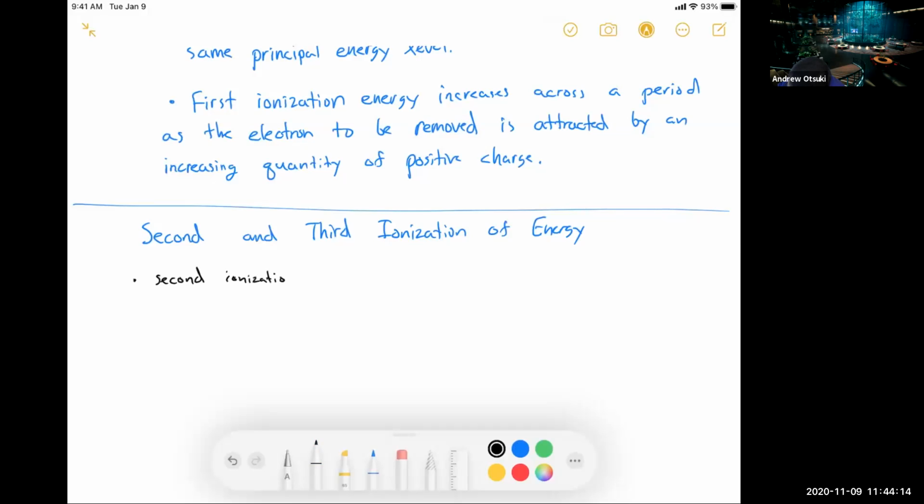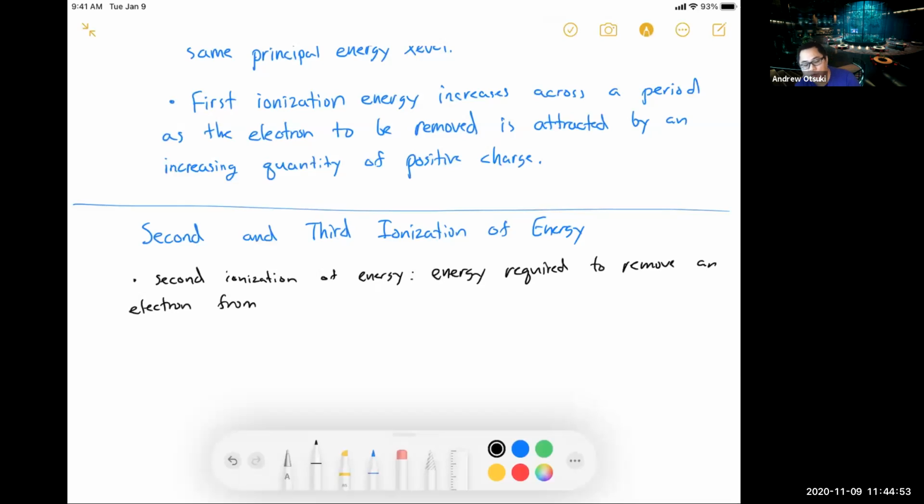All right, so anyway, let's talk about the second ionization energy. I don't know why they say energy, that sounds kind of weird, but it's the energy required to remove an electron from an ion. So removing an electron from a neutral element is relatively easier than removing it from an ion with a 1+ charge.